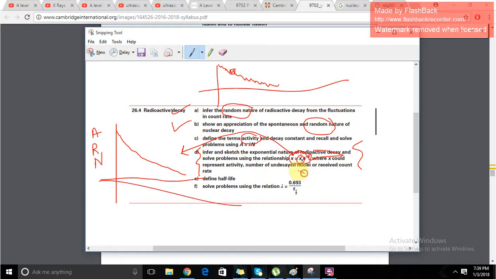And you have to solve problems using the relation lambda is 0.693 over t half. So you get the idea that for any reaction, the product of the decay constant of said reaction and the half-life of that same reaction is the same.